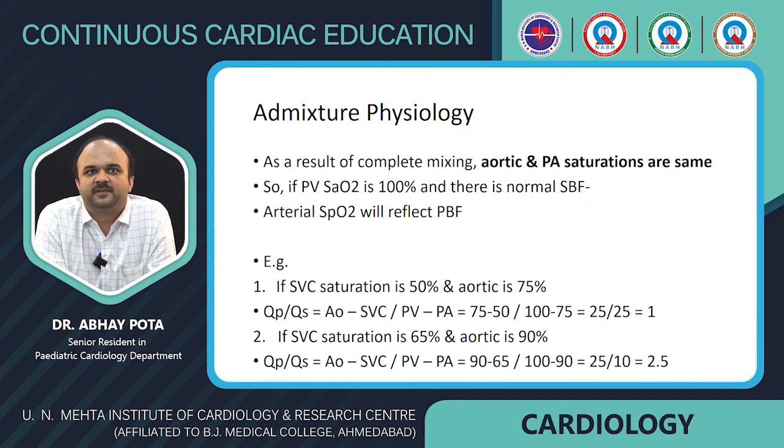For example, if SVC saturation is 50% and aortic saturation is 75%, QP:QS ratio comes out to be somewhere around 1. If SVC saturation is 65% and aortic saturation is 90%, QP:QS ratio comes out to be somewhere around 2.5.